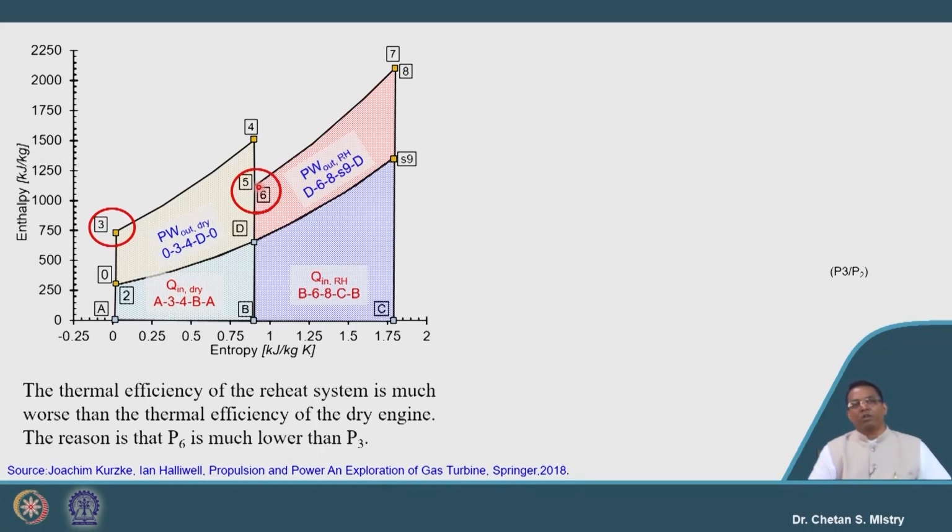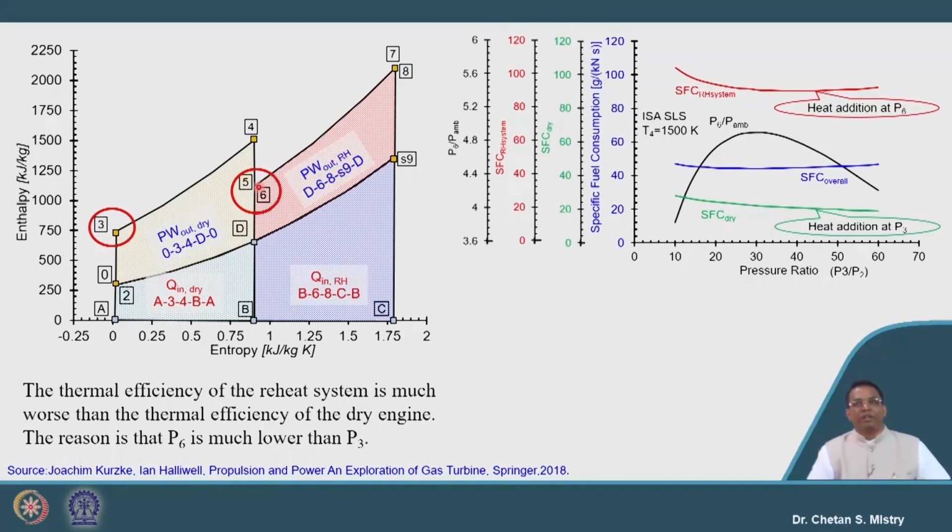Now let us understand this in terms of thrust specific fuel consumption. We take the plot of pressure ratio versus specific fuel consumption. Specific fuel consumption is kept in terms of dry specific fuel consumption and reheat specific fuel consumption. This represents my overall specific fuel consumption, and we have P6 by P atmosphere, because this pressure is very important.